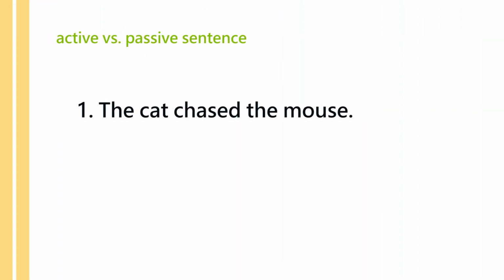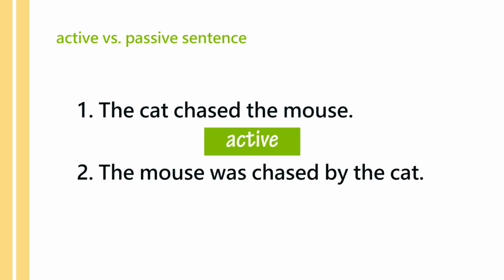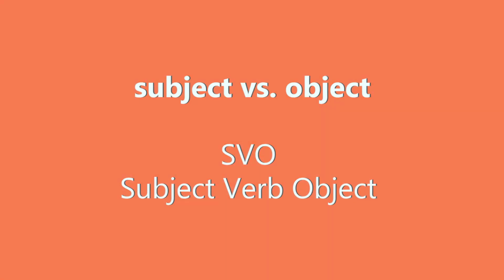The cat chased the mouse. That's an active sentence. The mouse was chased by the cat. That's a passive sentence. What is going on here? You need to make a distinction between subject versus object. In English, the word order is SVO, which is subject, verb, object.